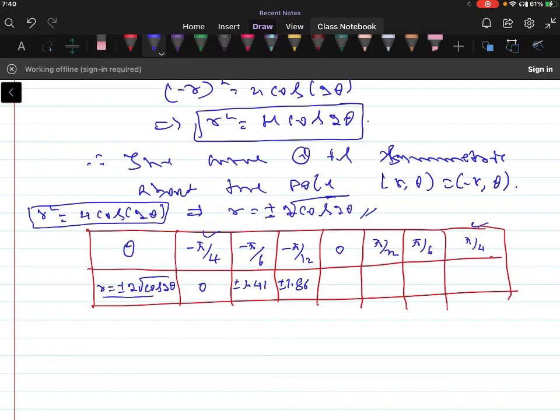When theta is equal to 0, r is plus or minus 2. When theta is equal to pi by 12, r becomes plus or minus 1.86. When theta is equal to pi by 6, r becomes plus or minus 1.41. When theta is equal to pi by 4, r will be 0.